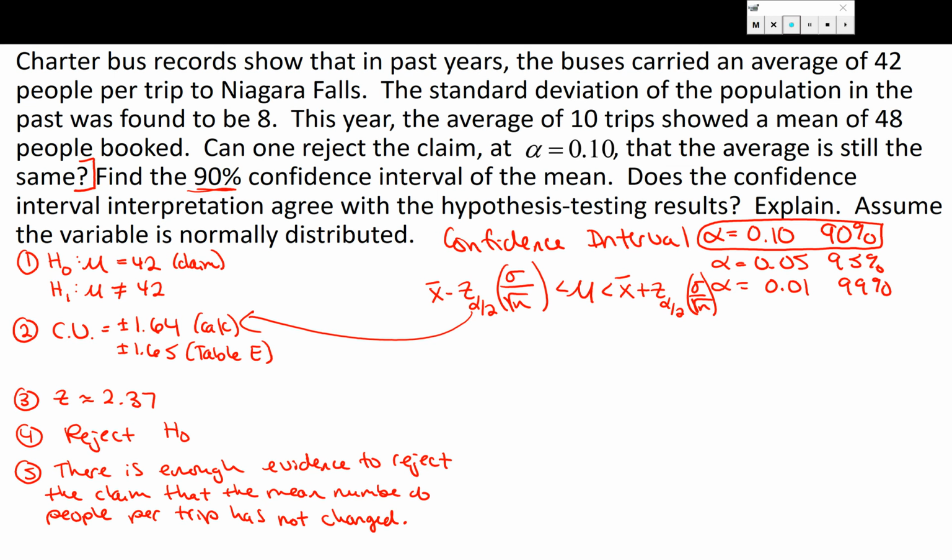So let's see, our x bar, our sample mean, was 48. Z sub alpha over 2, I'll go with 1.65. Doesn't matter which one you use, either one will get us what we need. Our population standard deviation was found to be 8. Sample size, we did 10 trips.